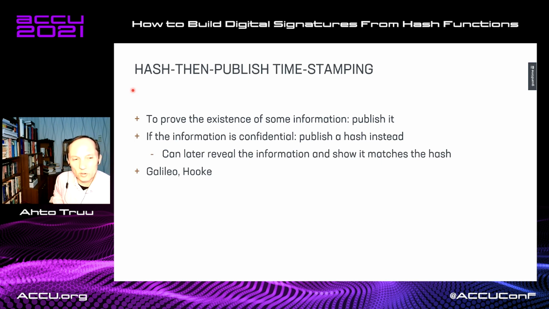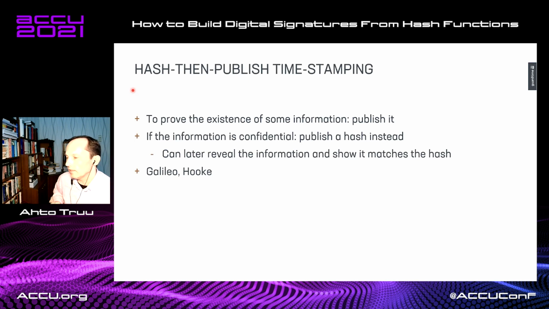So they did not have the term hash function, but they used something that was essentially a hash function. They wrote up their inventions as short sentences, and then they scrambled the letters in those sentences to obtain an anagram, and they published those in their scientific journals or booklets in order to claim priority of their scientific inventions, which they were not ready to reveal yet.